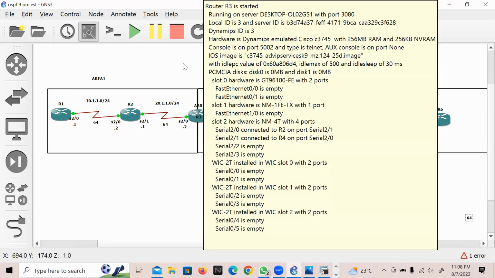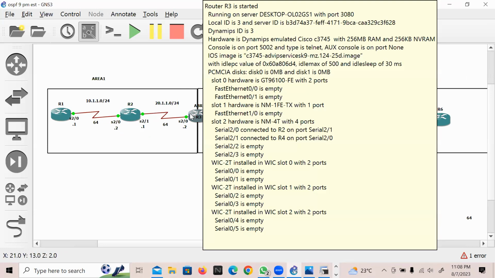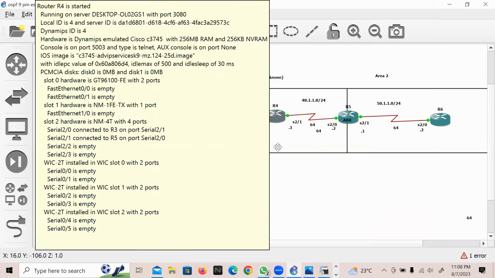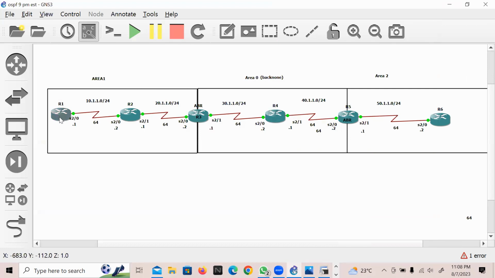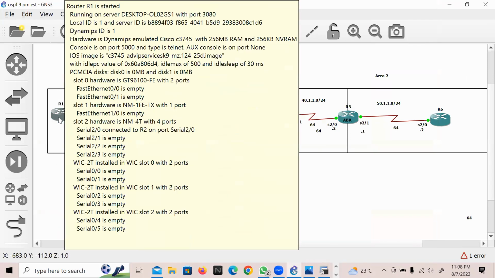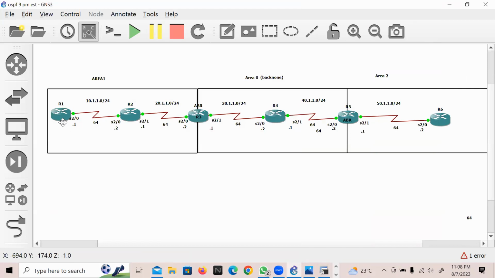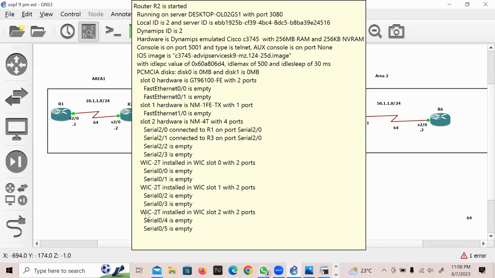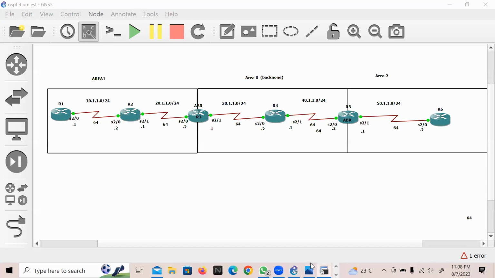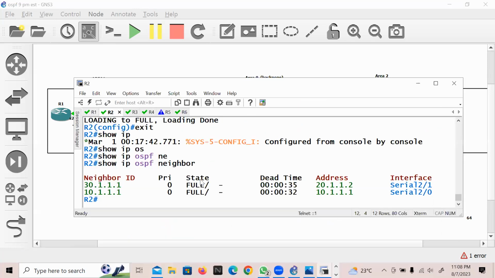R3 has two neighbors, R2 and R4. Just your next router is your neighbor. R1's neighbor is R2. So it is showing you that information here in the command line.